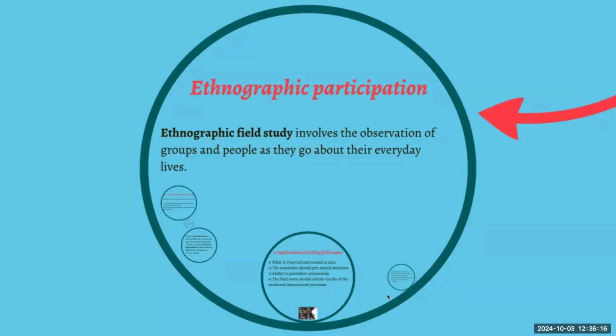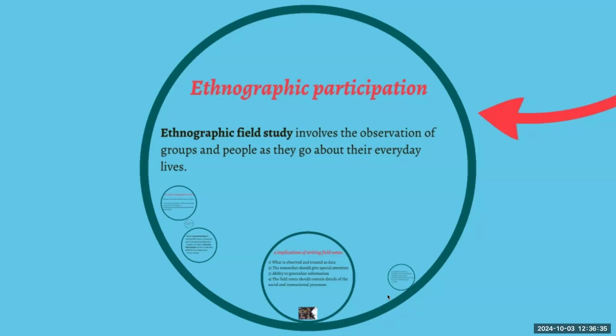By participating in the environment, ethnographers observe how individuals interact with each other and with their surroundings, which truthfully allows for a richer and more contextualized insight into human behavior.